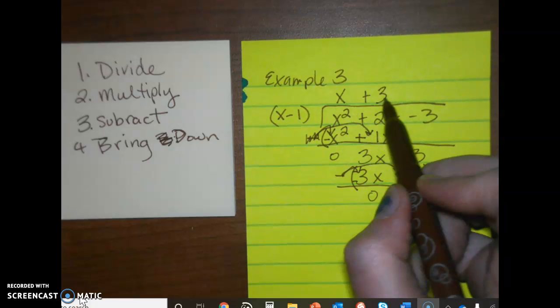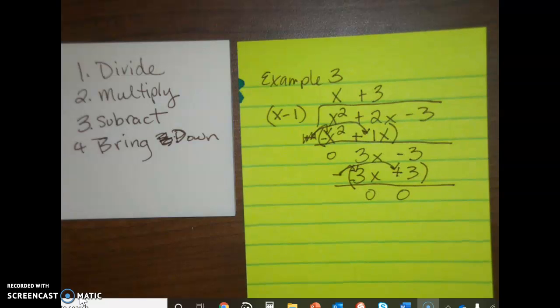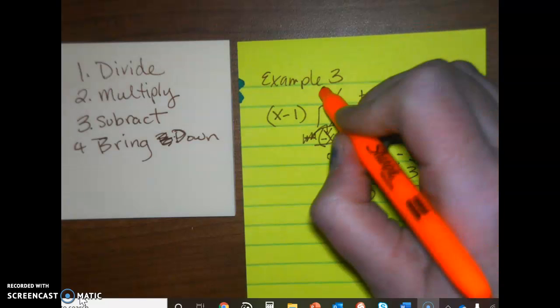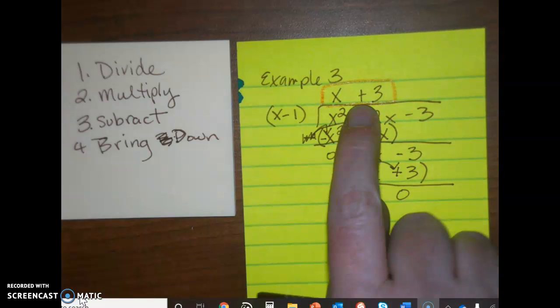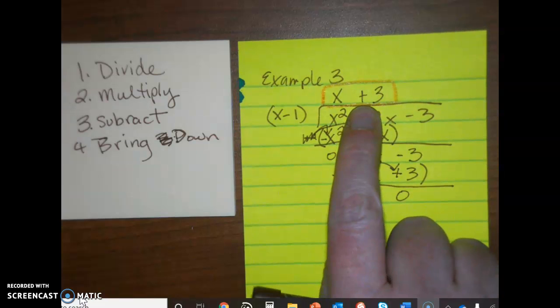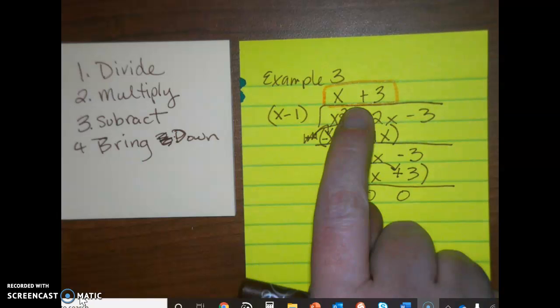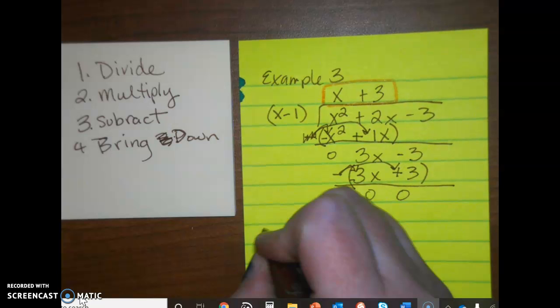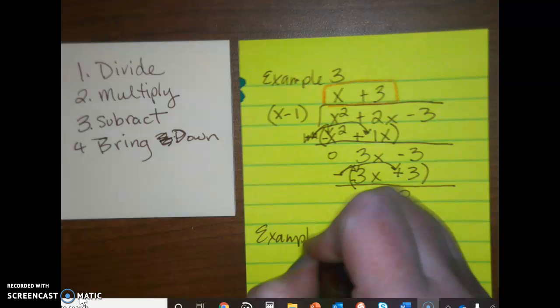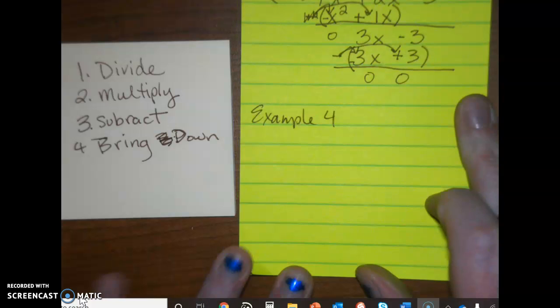So here's my answer. This is the part that you would put in the answer right here. This is your solution, because we can check it with a box or FOIL to see that x minus 1 times x plus 3 gives us this right here. Okay, so let's look at example 4.